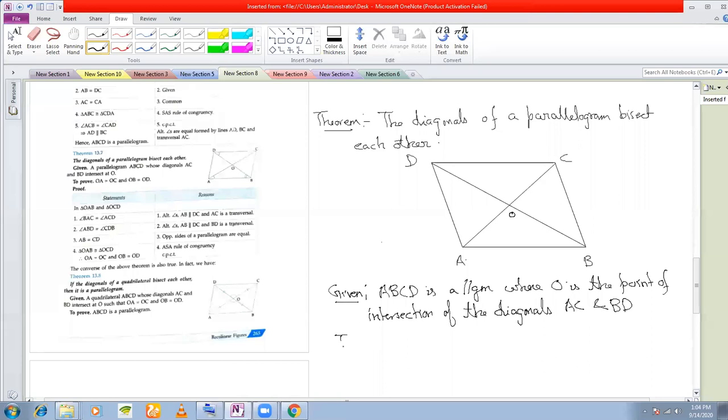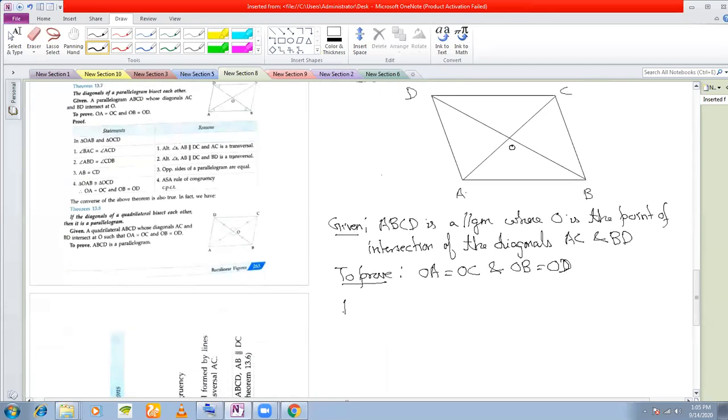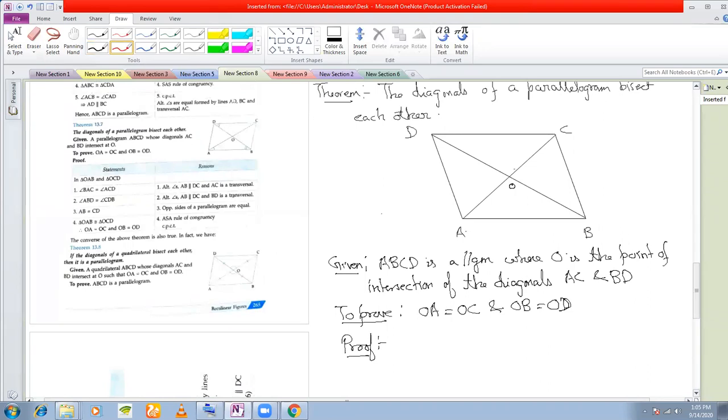To prove, what do we have to prove? We have to prove that OA is equal to OC and OB is equal to OD. This is what we have to prove. So how do you proceed to prove? You consider these two triangles, this triangle and this triangle. You prove them to be congruent.